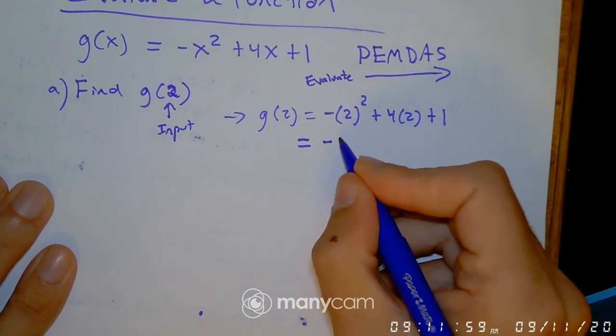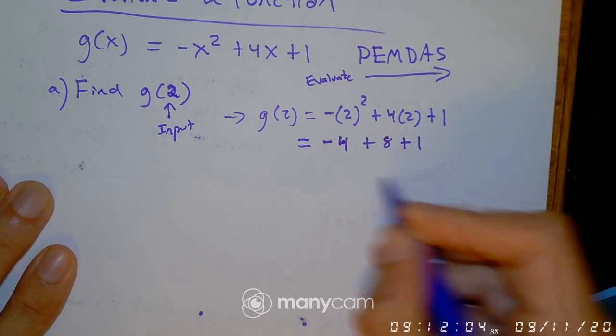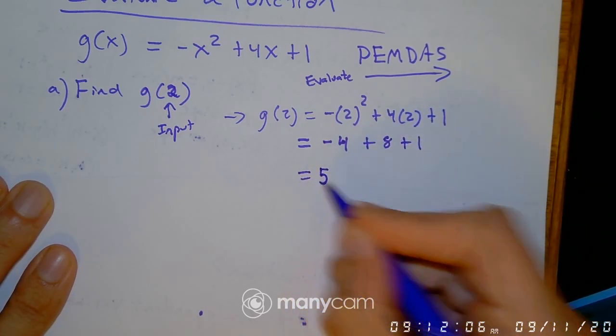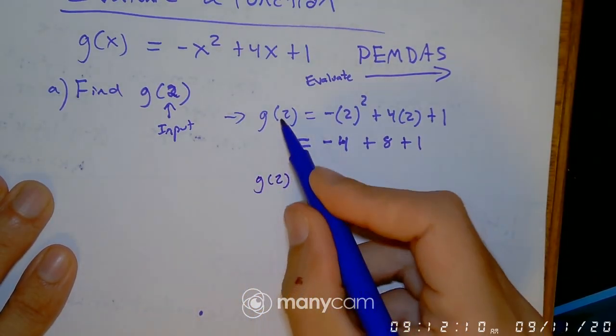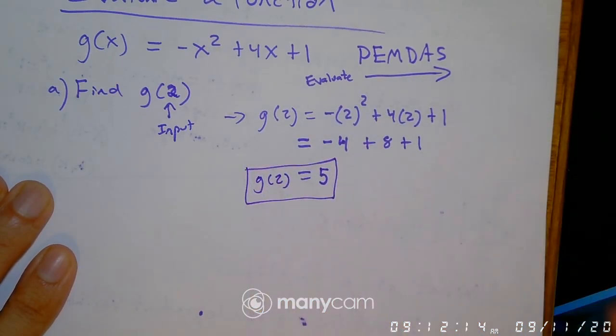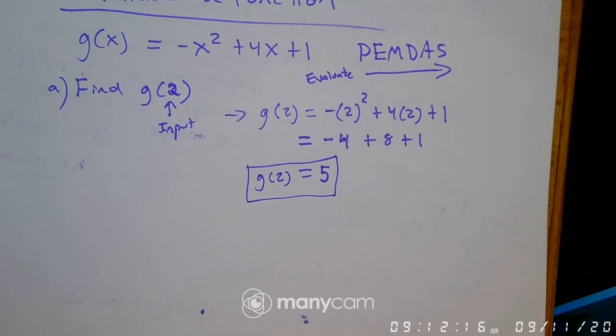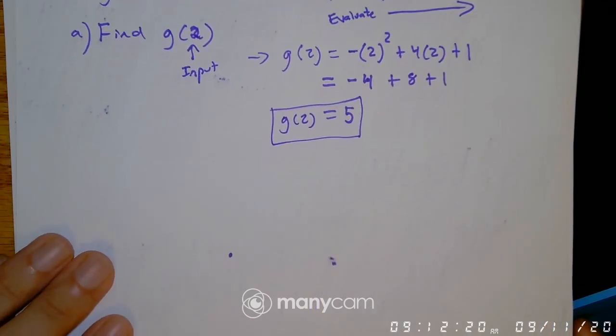So I'm going to have negative 4 plus 8 plus 1. So I'm going to have 5. It's okay if you skip writing down this as long as you have it down on the bottom. Okay, so hopefully that's not new news for anyone, but you know, I can be wrong, so you can tell me if it is and I need to spend more time on it.